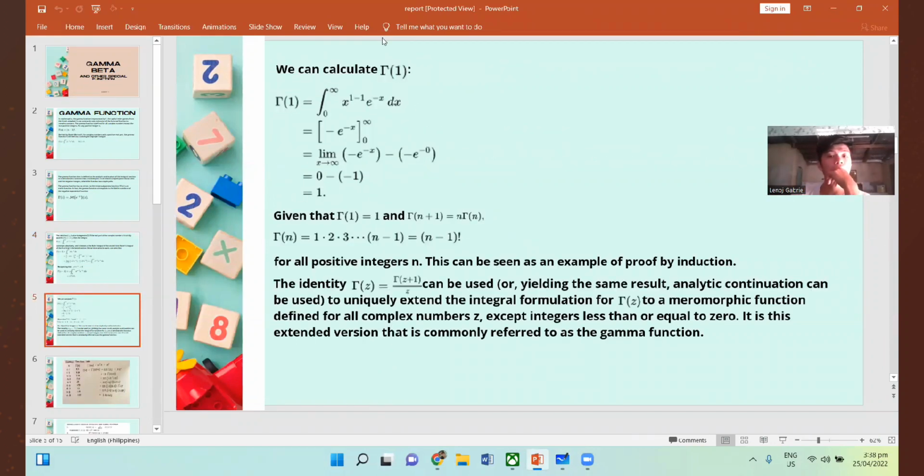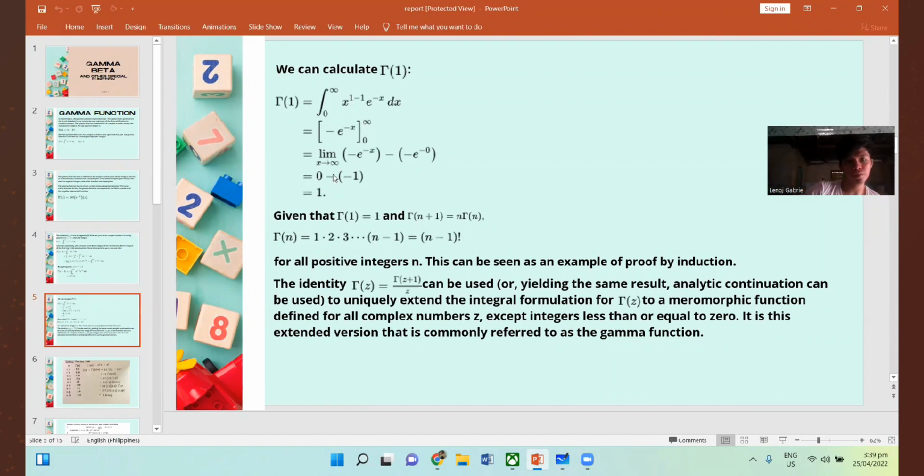So we can calculate gamma 1. Using this formula, gamma 1 is equal to the integral from 0 to infinity of x^(1-1) e^(-x) dx. So mayayari dyan is negative e raised to negative x from 0 to infinity.